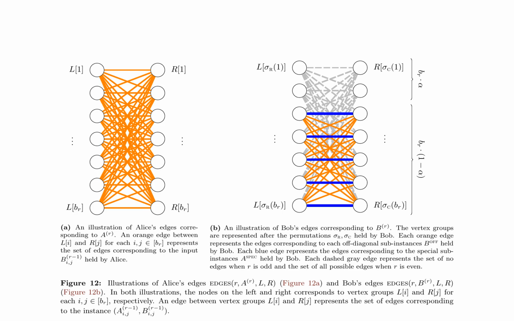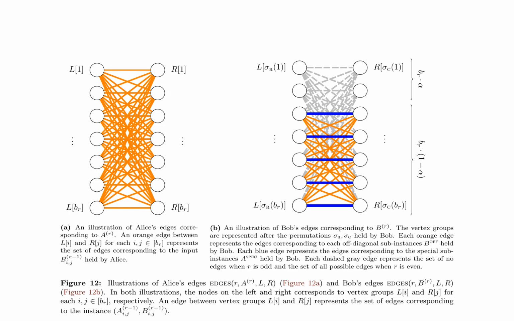The construction of a bipartite graph G from an instance (A_r, B_r) of the asymmetric hypercube matching AHM problem is presented. The graph G is constructed recursively, with one player inserting edges and the other player deleting edges. The roles of the players, Alice and Bob, depend on the parity of r.